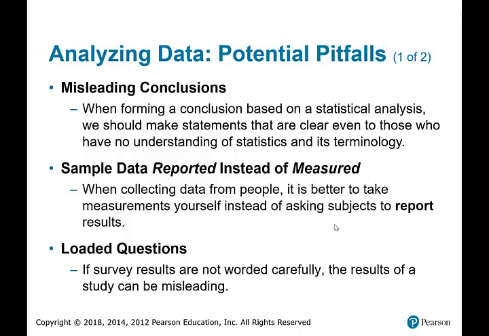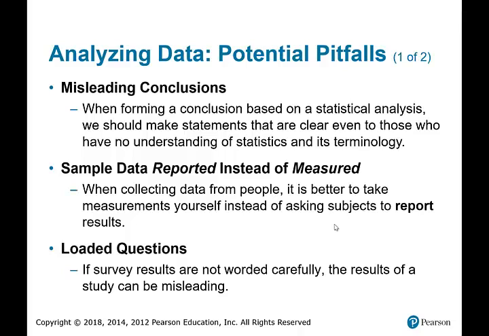The sample data, is it reported by the respondent, or is it actually measured? So you have some bias that is included potentially in reported data, such as if you conducted a survey of your classmates to determine the mean weight of your classmates, and you asked them to tell you how much they weighed to the nearest pound.